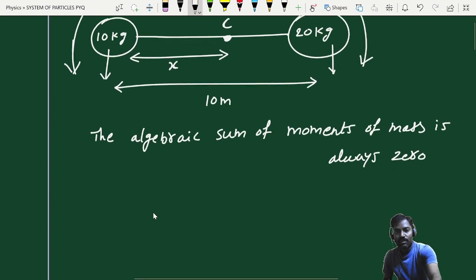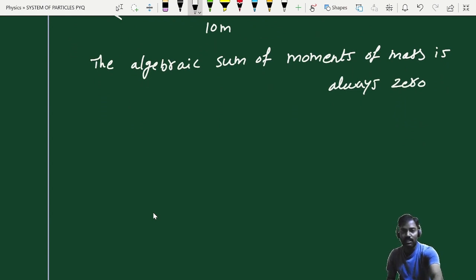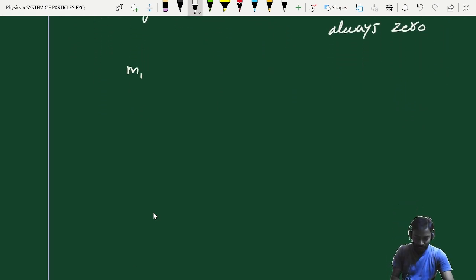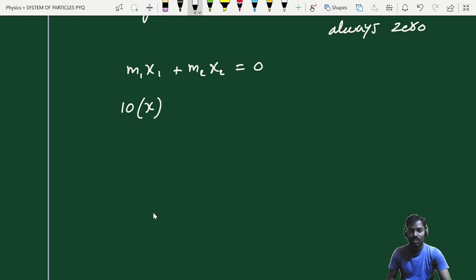So it's very simple: the principle of moments, m1x1 plus m2x2 is equals to 0. m1 is 10 kg and its position is x, and this 10 kg block is providing the anti-clockwise moment, so the anti-clockwise moment is positive, and the 20 kg block is providing the clockwise moment, so the clockwise moment is negative.